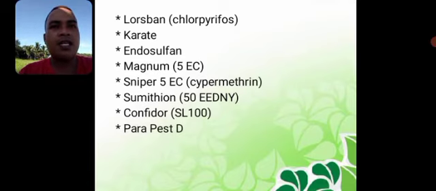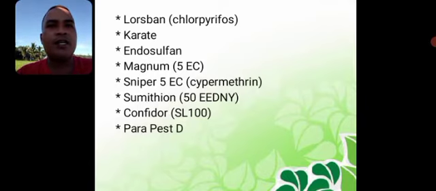It is an insecticide and miticide designed to control over 30 foliar and soil-borne pests. Next is sumition. It is an organophosphorus insecticide with strong contact and stomach action. It is highly effective against aphids, mealybugs, scale insects, and borers.